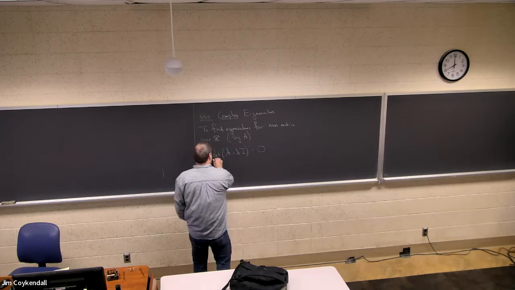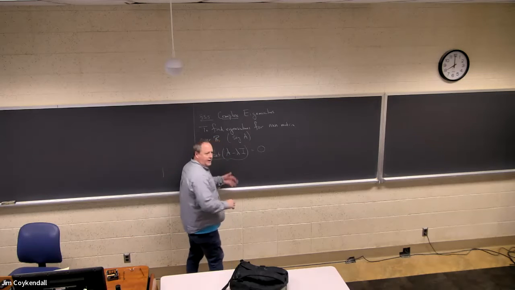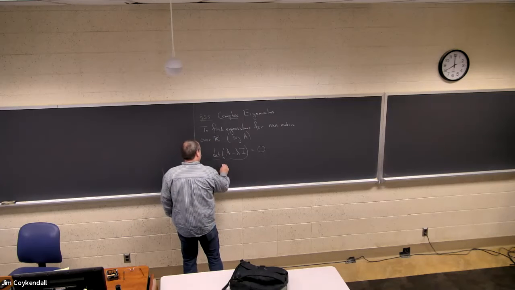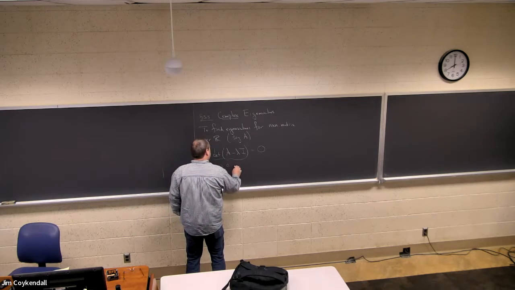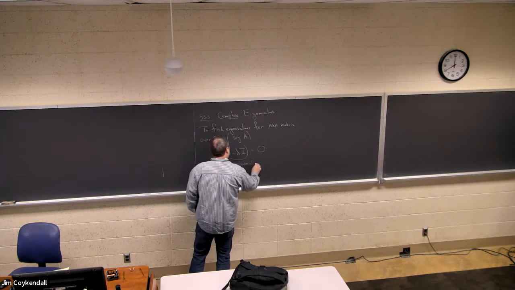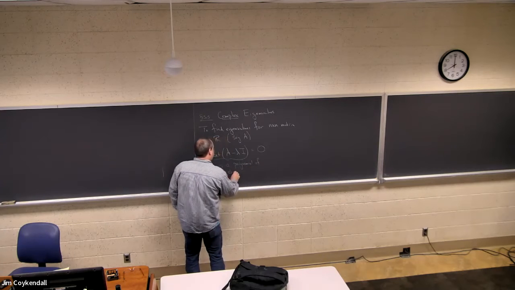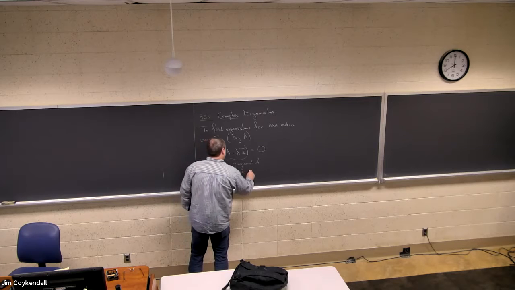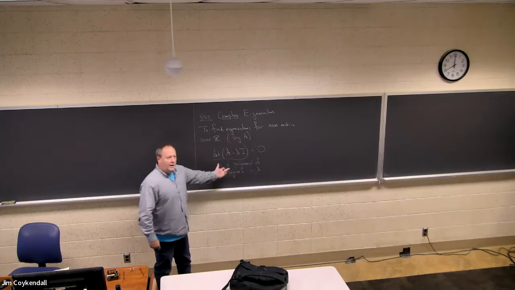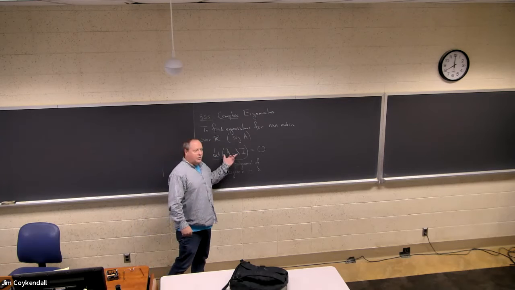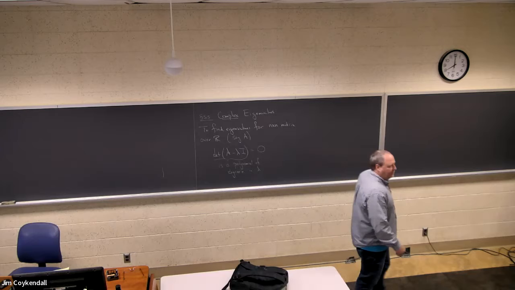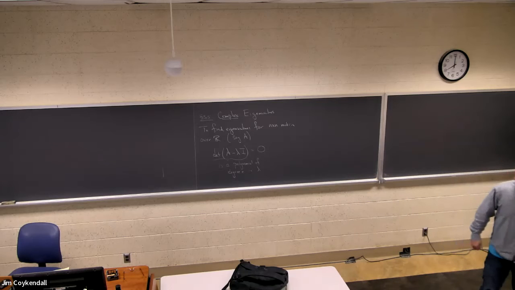And of course, this piece right here, when you work it all out, is a degree n polynomial in the variable lambda. And so what you have is an nth degree polynomial, set it equal to 0, and you try to find solutions to that.